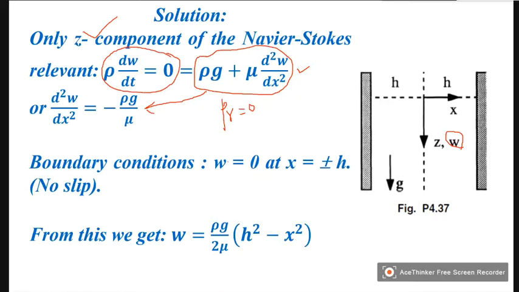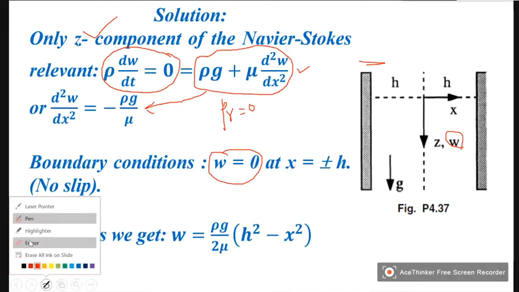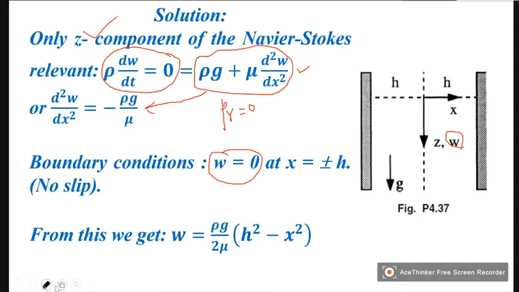Now the simple boundary conditions are W is 0 at x is equal to minus h, and at x is equal to plus h. So at both these places, the velocity is 0.